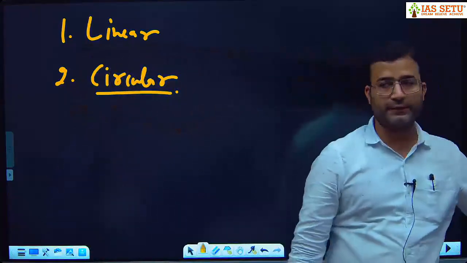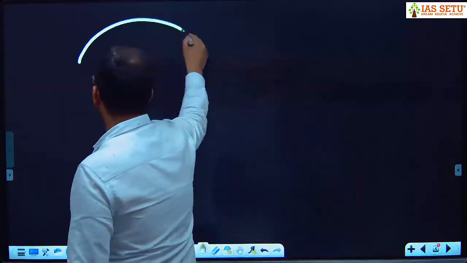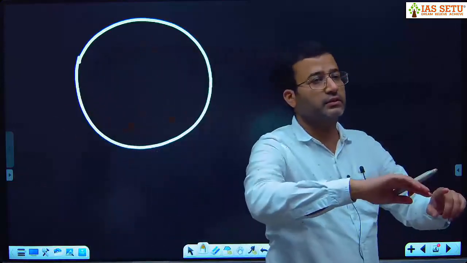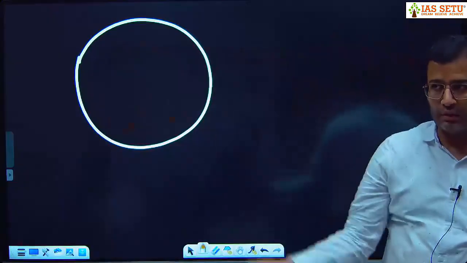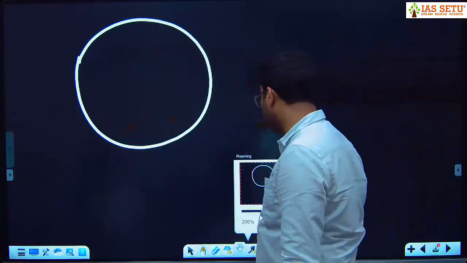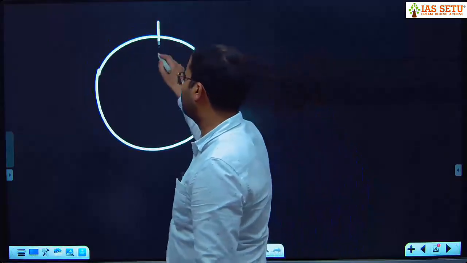Circular arrangement. In circular arrangement, what we can have, like there are 8 friends. They are sitting around the round table and they are facing the center. They mention the direction facing the center. So they are sitting like this.